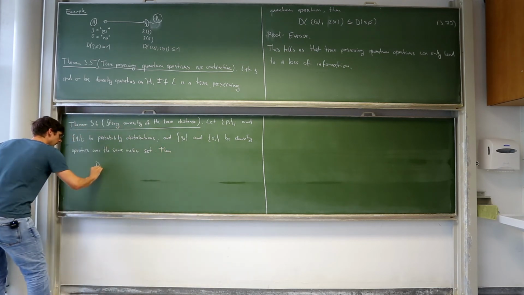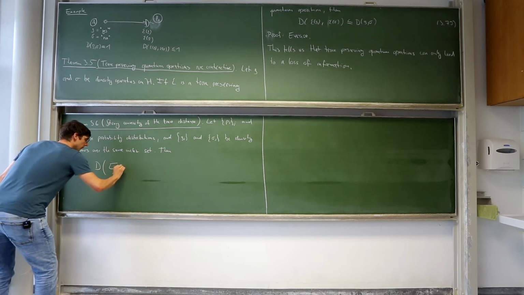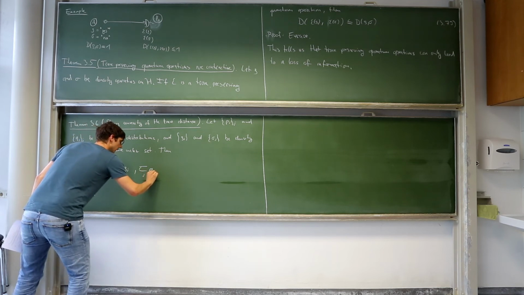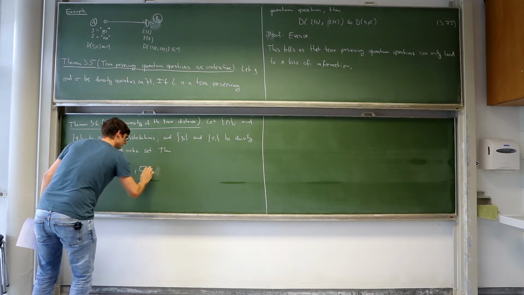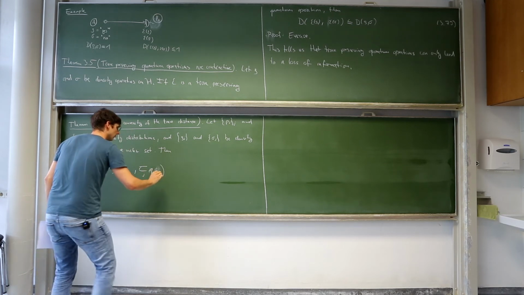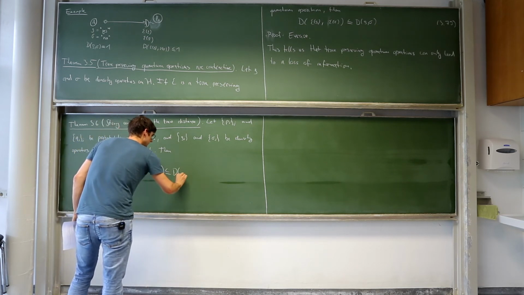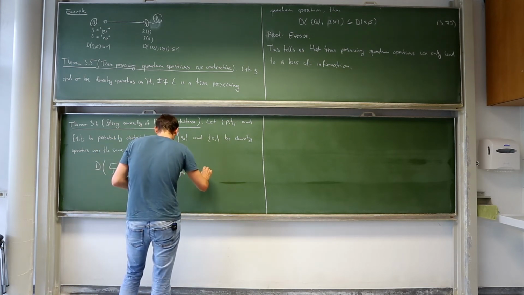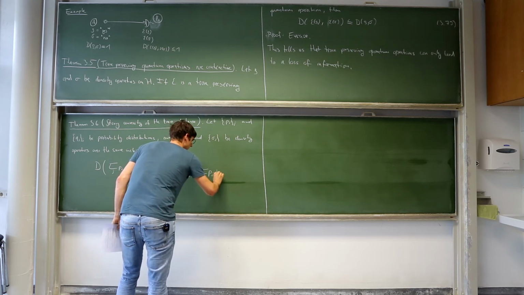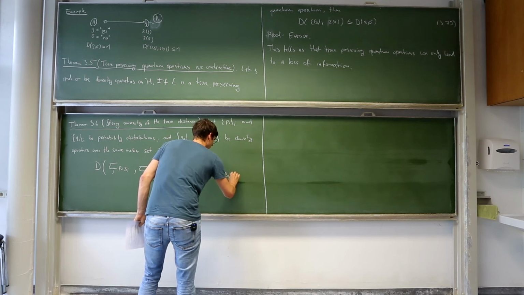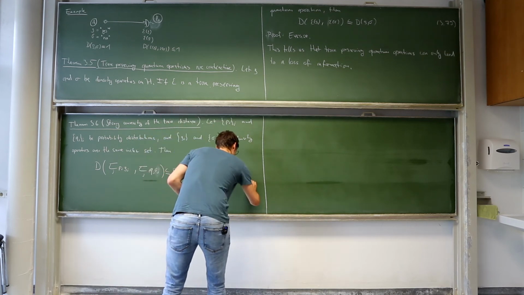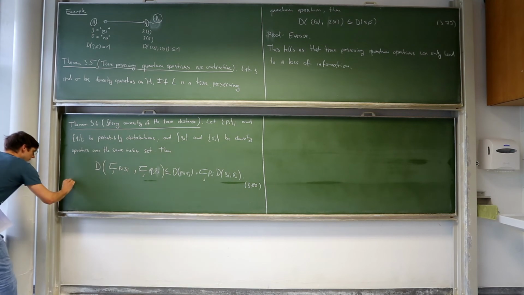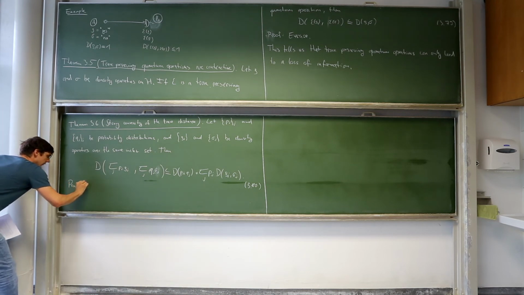Then the trace distance of the sum over j of p_j rho_j with the sum over j of q_j sigma_j is smaller or equal to the trace distance of p_j and q_j plus the sum over j of p_j times the trace distance of rho_j and sigma_j. Again, I'm not showing the proof. You can do it as an exercise.